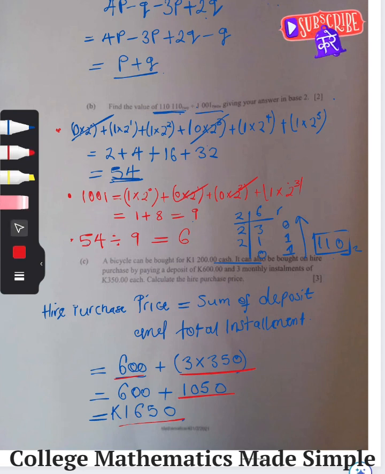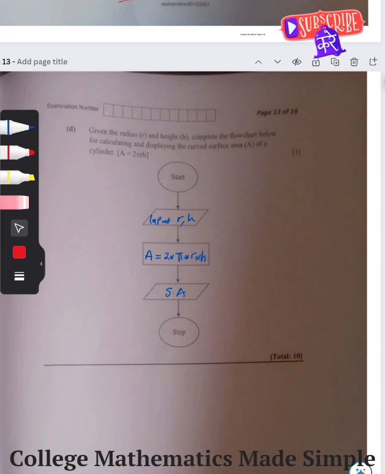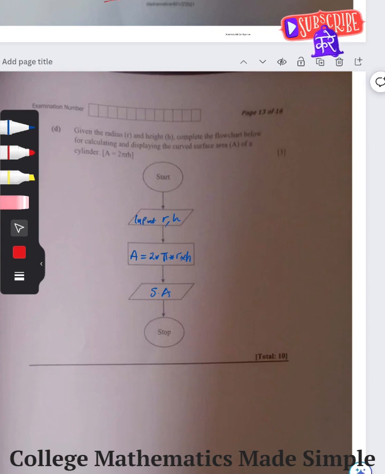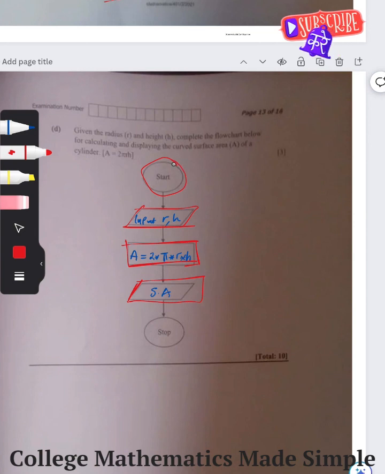The next is a flow chart. So very simple. The rhombus, whenever you see this, it represents the input box or the output box. Then a rectangle is where you process your information. Then a circle or oval shape is for start and stop.